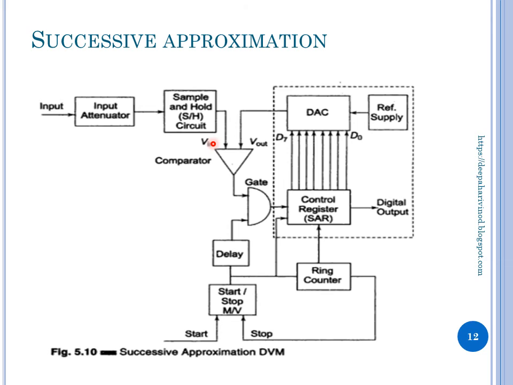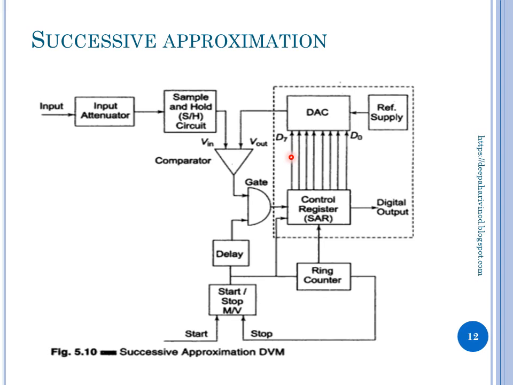If Vin is greater than Vout, the comparator produces an output to retain 1 in its MSB bit. So whatever bit is set, it retains that bit here, and the converter continues to supply the reference.